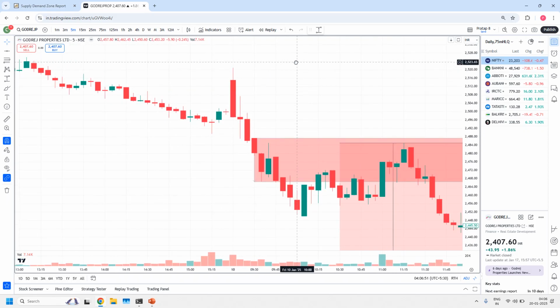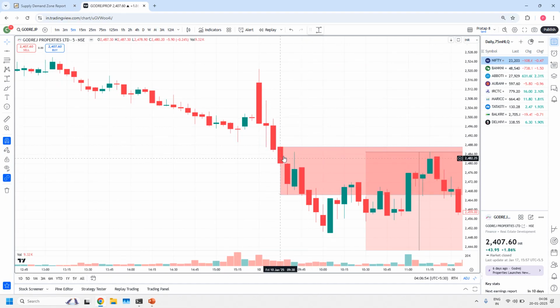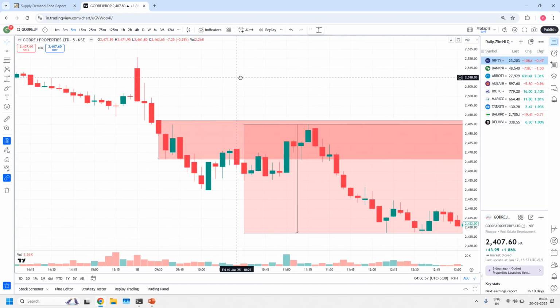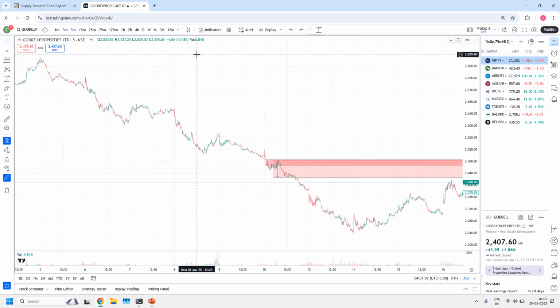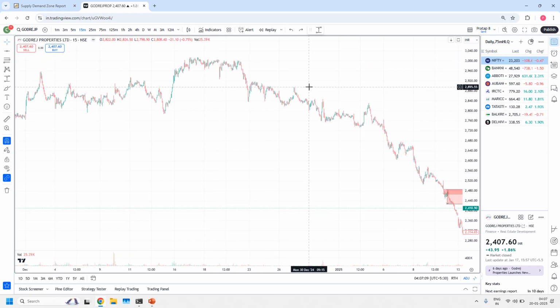It's not clear here. Drop, drop, drop. But this one you have a drop base drop. Anyway, let us stick to our previously drawn zone.